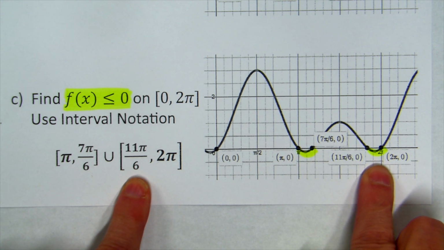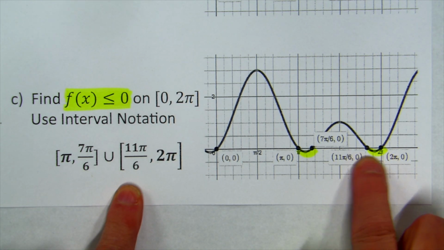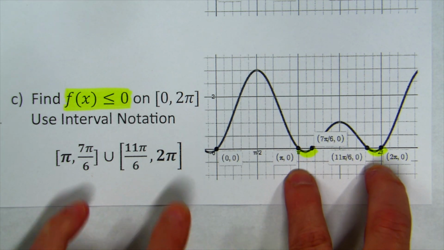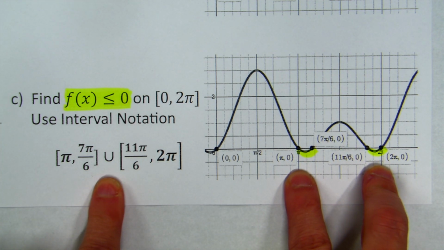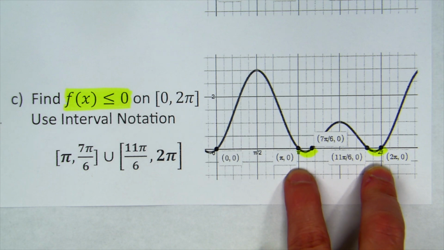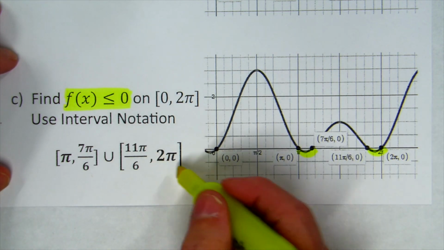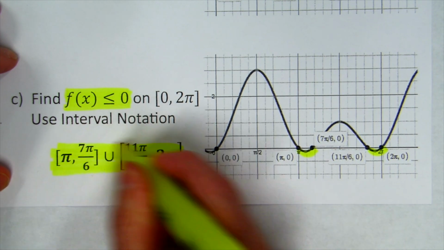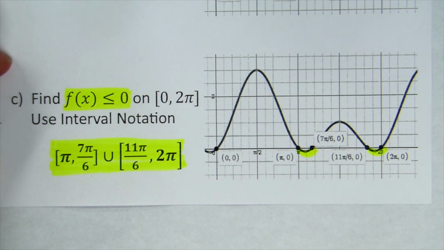And then because I am on the closed interval and I want less than or equal to 0, this little interval right here is from 11 pi over 6 to 2 pi. So again, interval notation, with your union symbol in between indicating those two areas for solution. So the answer would be written in interval notation indicating where that function is less than or equal to 0. All right, so that's just a way that you can use Desmos for some of those trig inequalities.